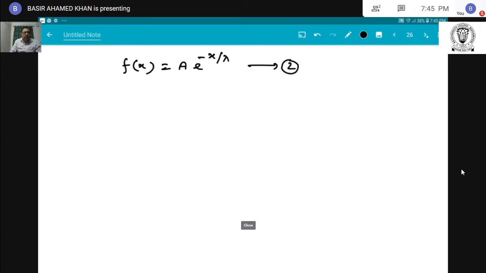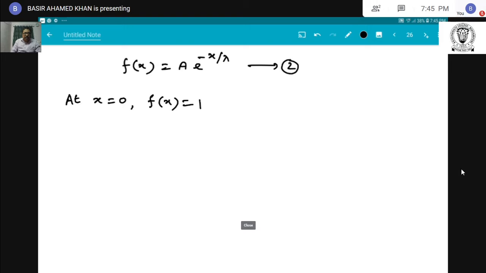Now to find the constant a, we remember that at x equal to 0, fx equal to 1. What is fx? fx means px, the probability of no collision. That means at x equal to 0, the probability of no collision is maximum, that is fx equal to 1.